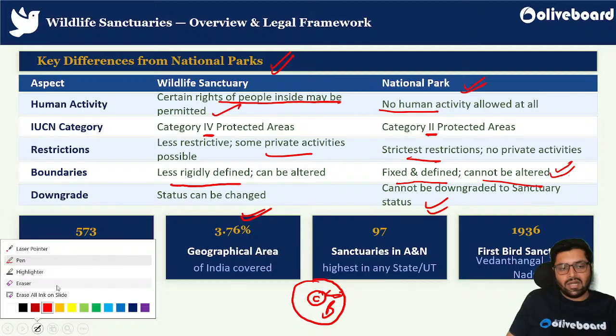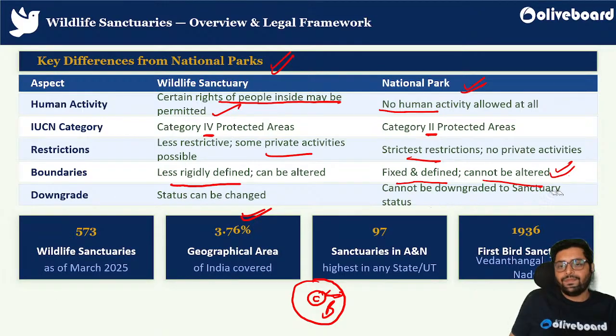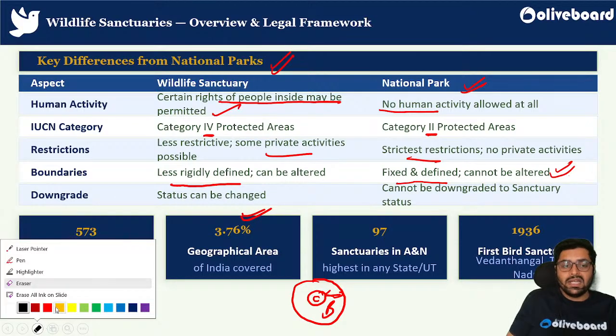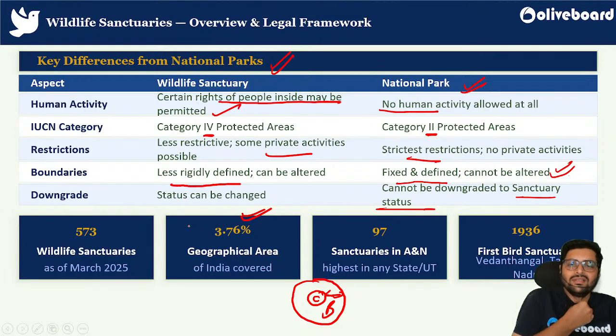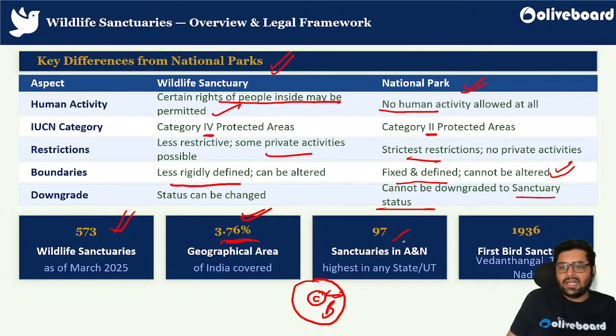A national park cannot be degraded to a wildlife sanctuary. Once a national park, always a national park. Remember like that. Okay, this is just an overview. So we have almost 573 of them, the geographical area, and 97.